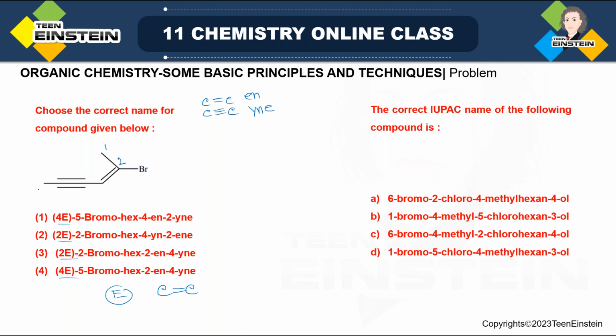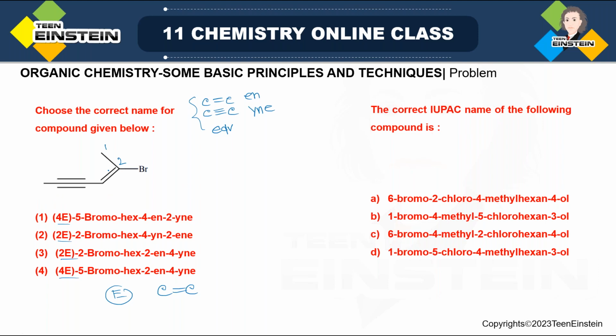If you are starting the numbering from the other side, that is also 1, 2. That means these two are present at equivalent position, and when they are present at equivalent position, you have to give lowest number to the C=C double bond.